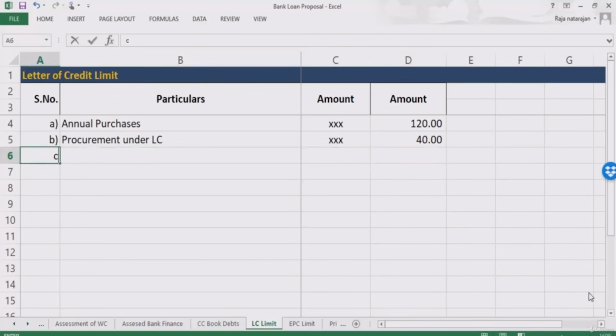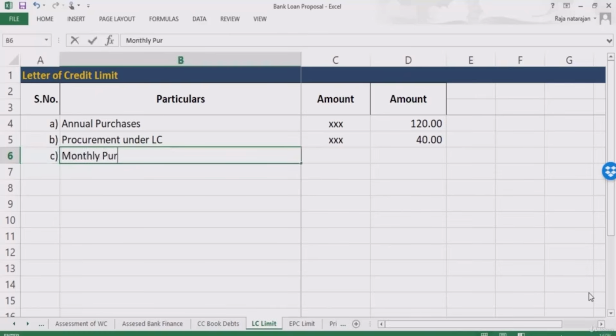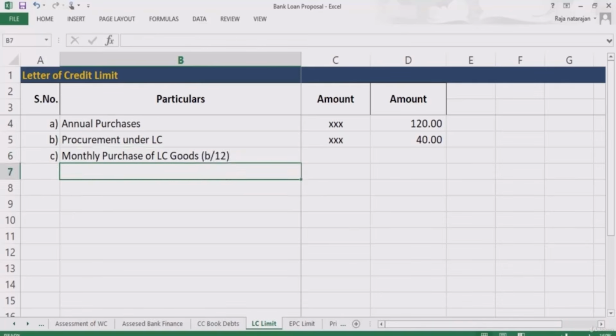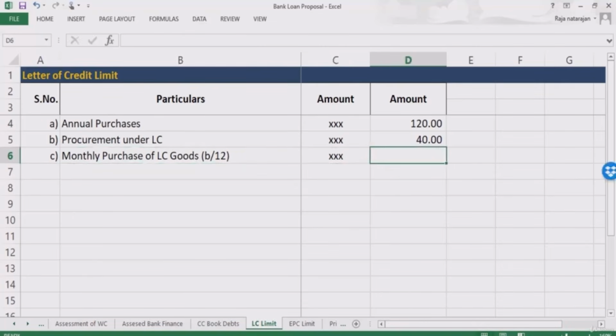Fine. Then we should know what is the monthly purchase of LC goods, which is nothing but item number B divided by 12. So let me put that here. Item number B divided by 12, we get something like 3.33.